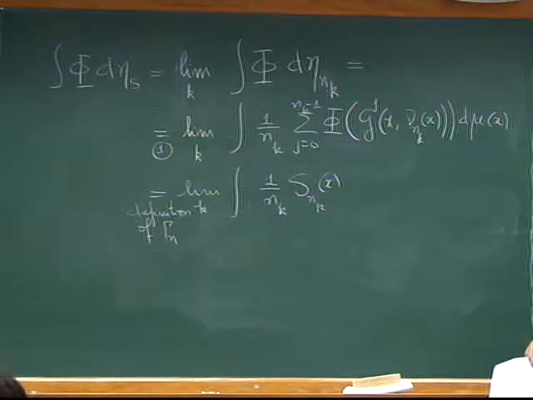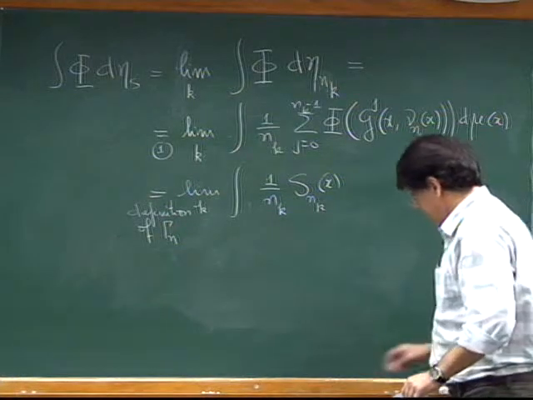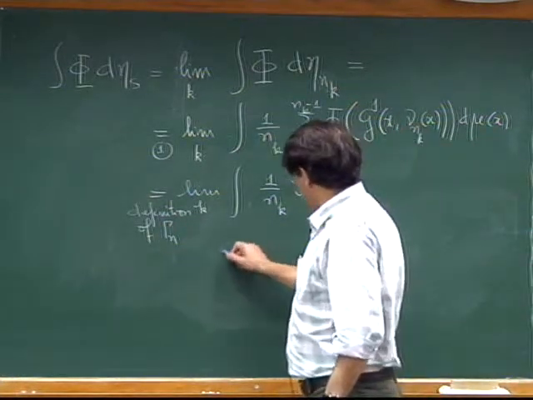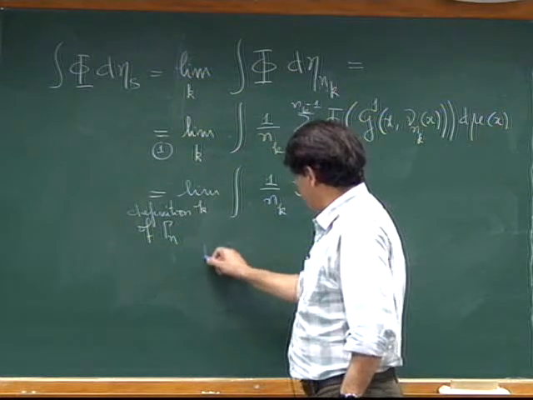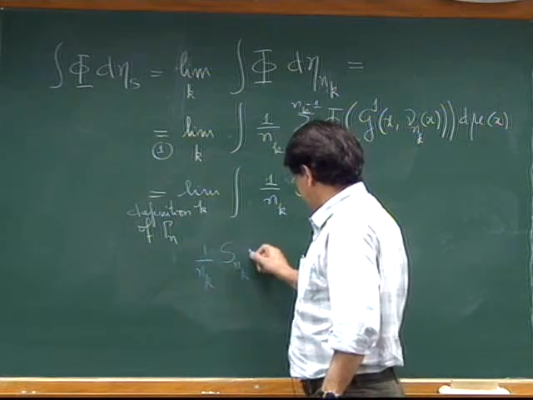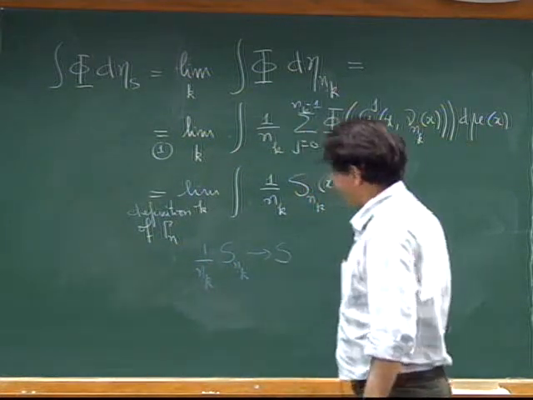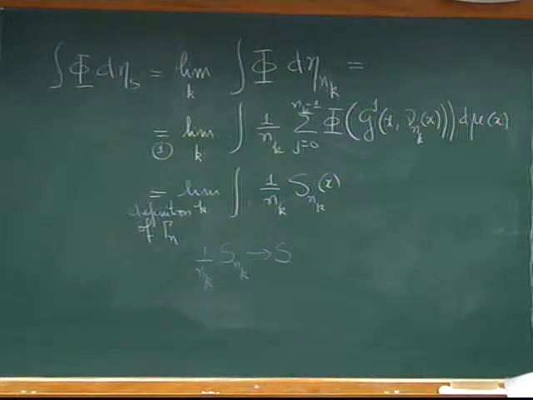Now, then what? Then we know that 1 over nk, Snk converges to S by the sub-additivity.